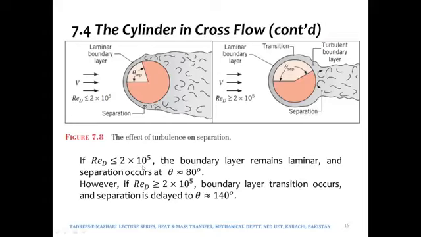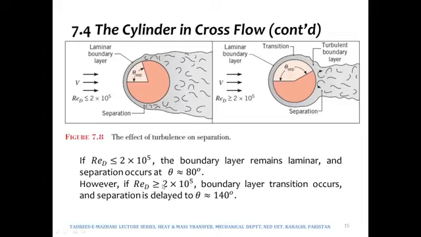If the flow is taking place over the cylindrical surface crosswise, and the Reynolds number is less than 2 exponent 5, then the boundary layer would be classified as laminar. The boundary layer would remain laminar and the separation occurs at about 80 degrees. So this angle is about 80 degrees, and then the separation phenomenon would start.